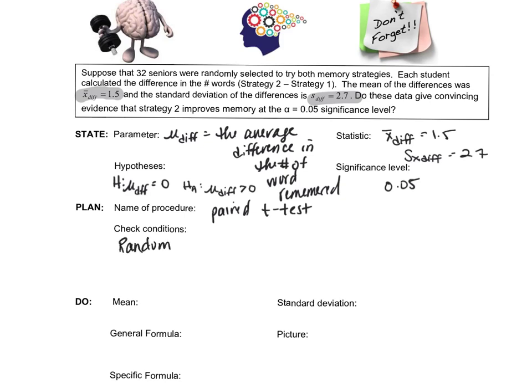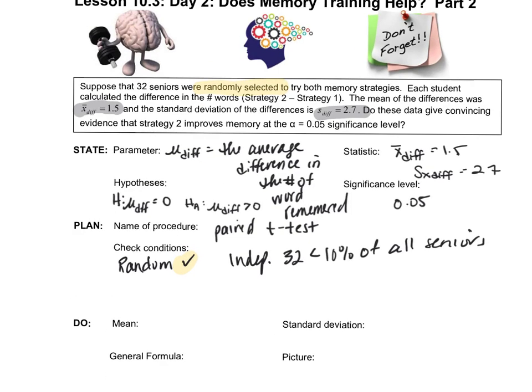So random: they were randomly selected to participate. And because they were randomly selected, we also need to look at independence. Are 32 less than 10% of all seniors? Yes, we're good.